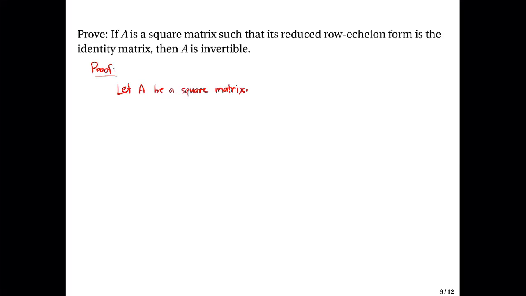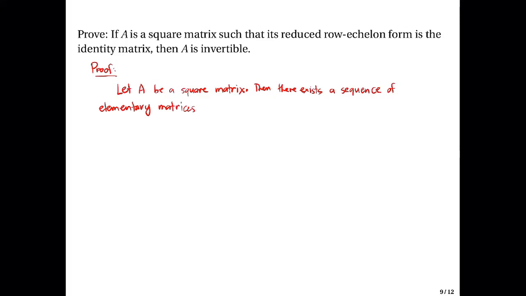But here, we can find, then there exists a sequence of elementary matrices.